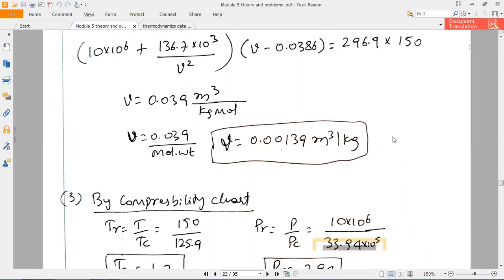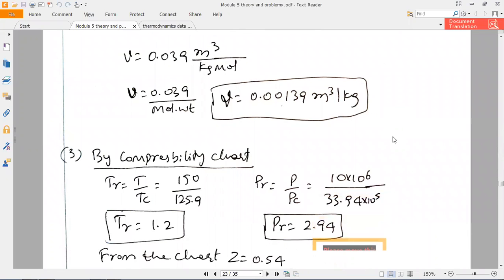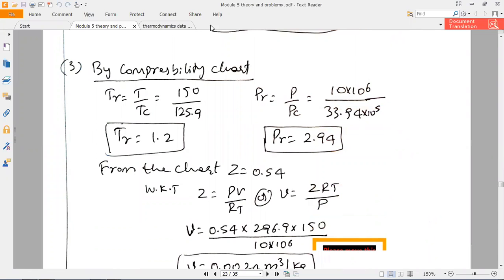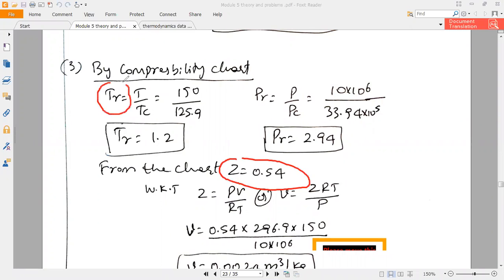Next one is the compressibility chart. In the compressibility chart, you have to find out the Z value. To find Z, first of all you have to find TR and PR. The reduced temperature is the existing temperature divided by the critical temperature. The existing temperature is 150, and the critical value is taken from the C6 table.